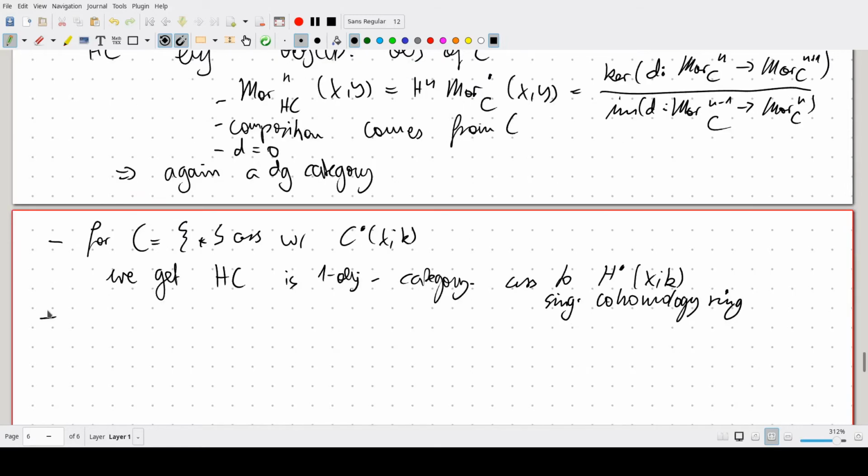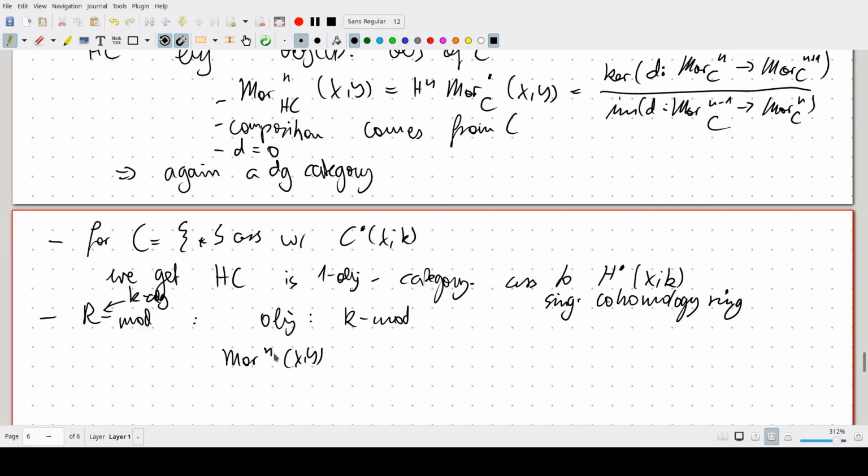And another important example is, well, it's sort of half of an example, the category of R modules, where R is some K algebra. The objects are, well, R modules. But instead of taking the morphisms between X and Y to just be R modules, well, we need some sort of grading.